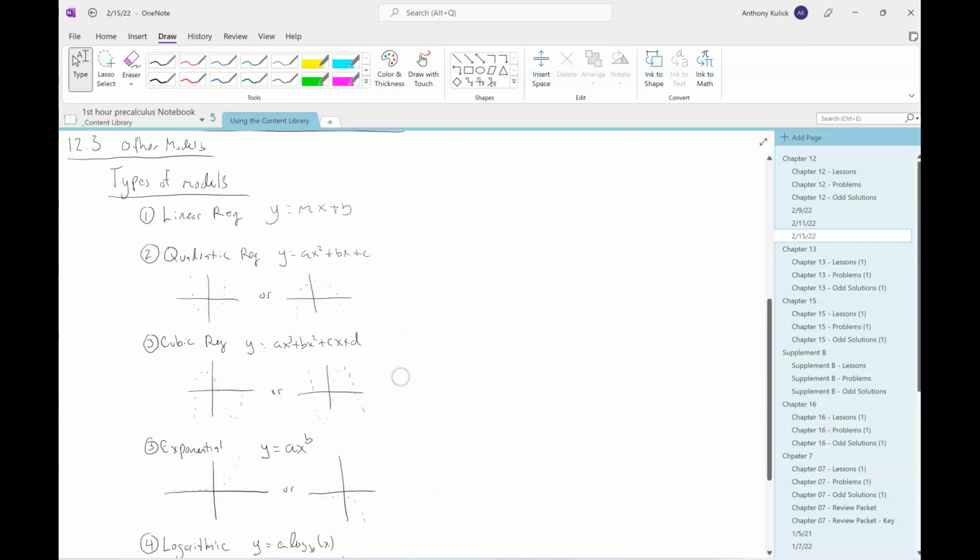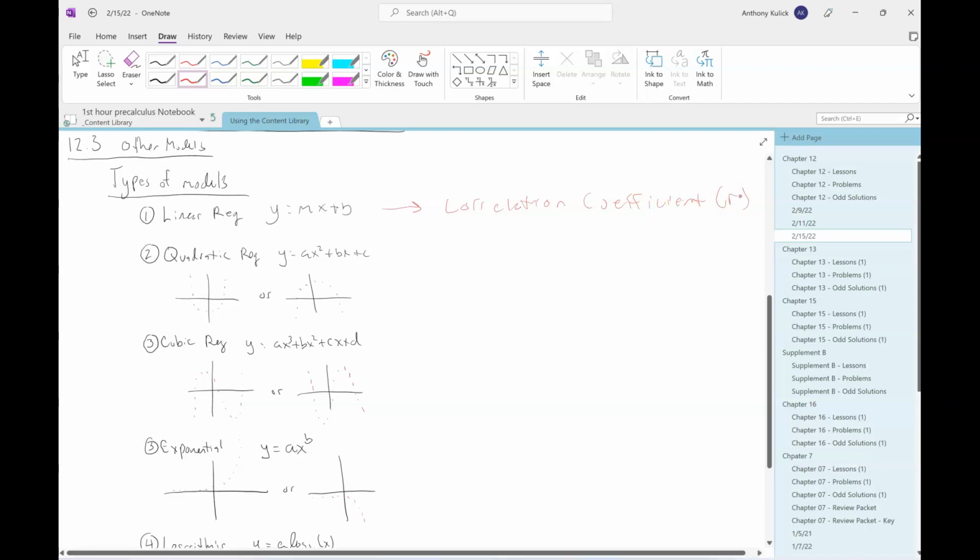All right. So for the linears, we use the correlation coefficient to decide how good of a fit we had. That was that we used the letter R to abbreviate that, right? That we talked about the R value, the correlation value.